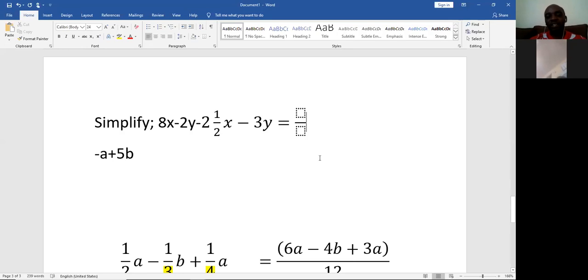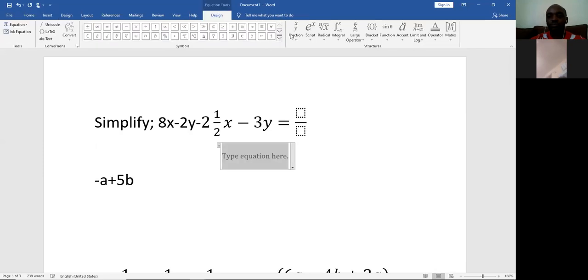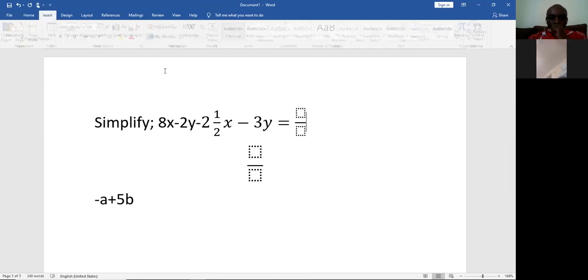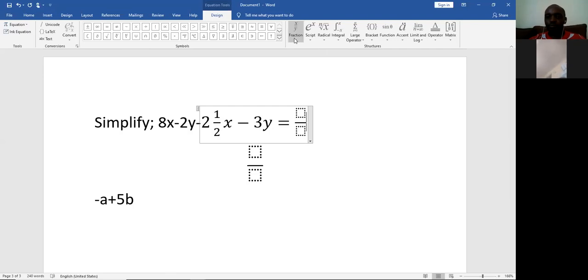Now, if you see numbers like this, I advise you, if you see 8x minus 2y, you should see them like this. If you see 8x written this way, you just write 8x over 1.